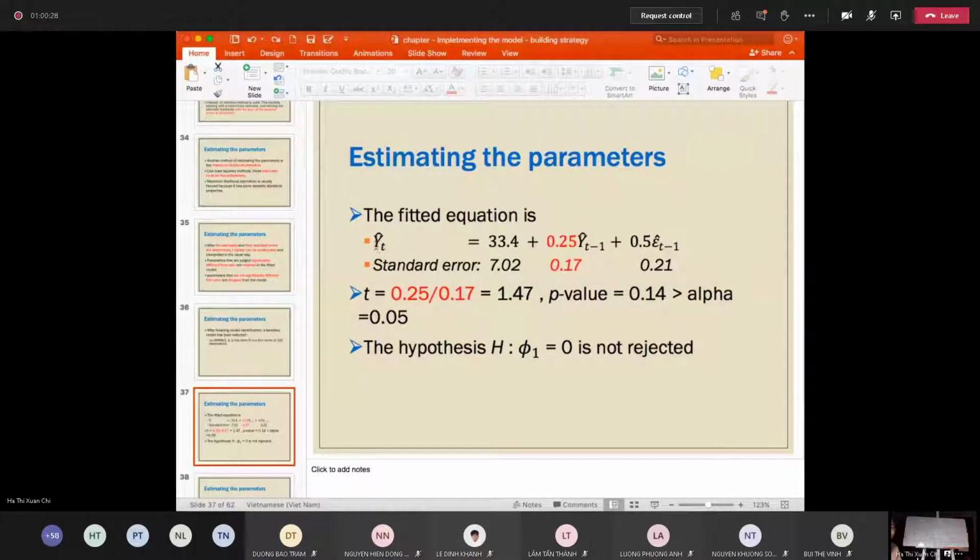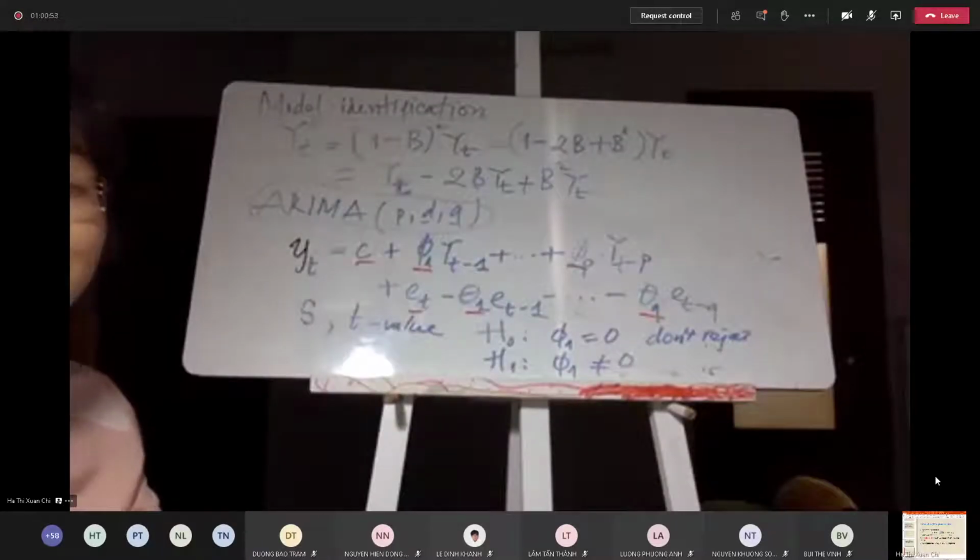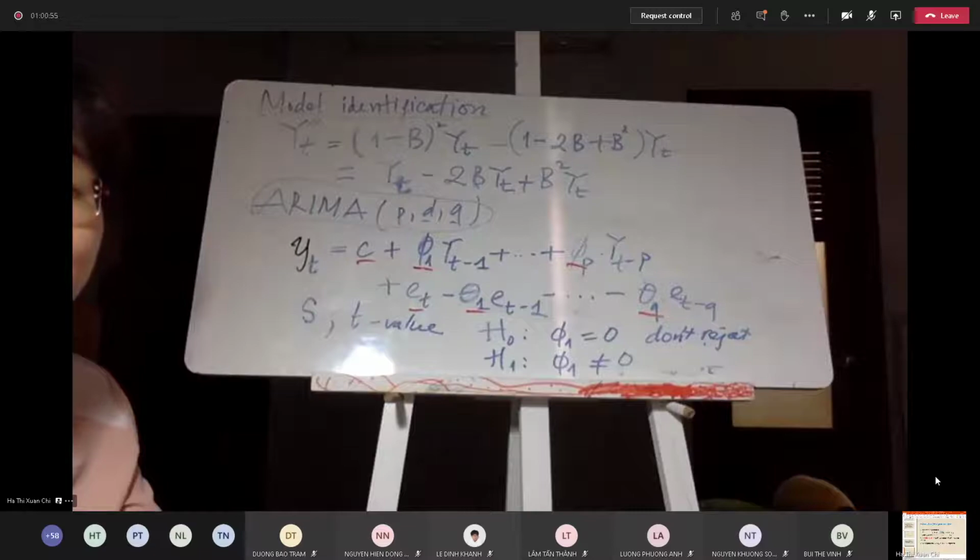So right now we move to the second step, and we run the regression model. So you can have the constant C, and phi1, how to pronounce that notation, everyone, and it's 0.5.